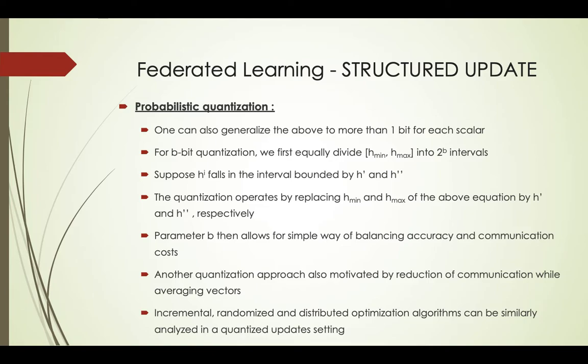The quantization operates by replacing h_min and h_max of the above equation by h' and h'' respectively. Parameter b then allows for a simple way of balancing accuracy and communication cost.